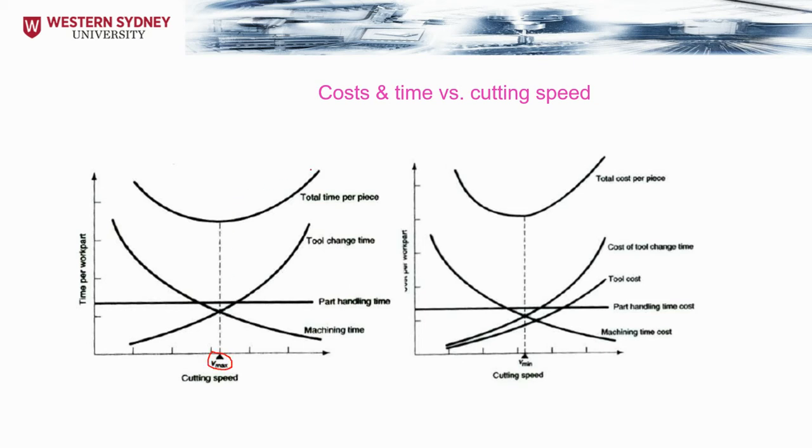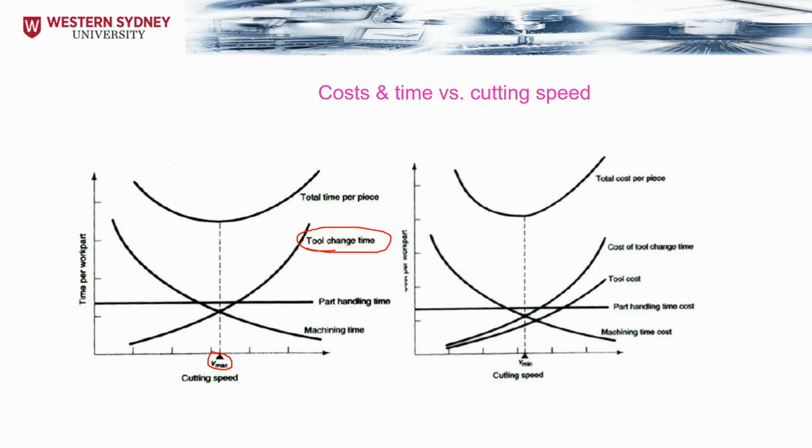Because the tool changing time is going to be increasing, as you can see here. So this curve, the one above, is equal to the addition of the other two curves. The machining time is going to be reduced, but the tool changing time is going to be increasing, and thus we are going to have the optimum velocity, which is the maximum velocity we approach in order to reduce the time of the machining, and thus the cost of the work part.